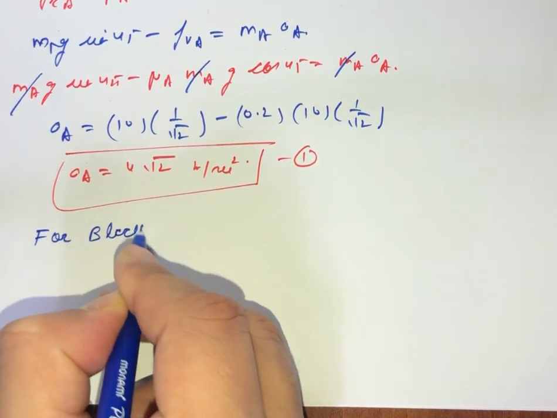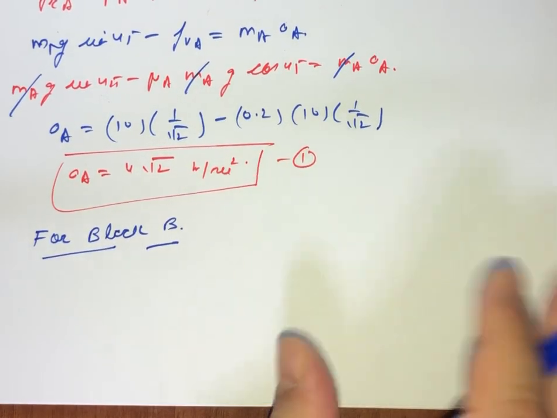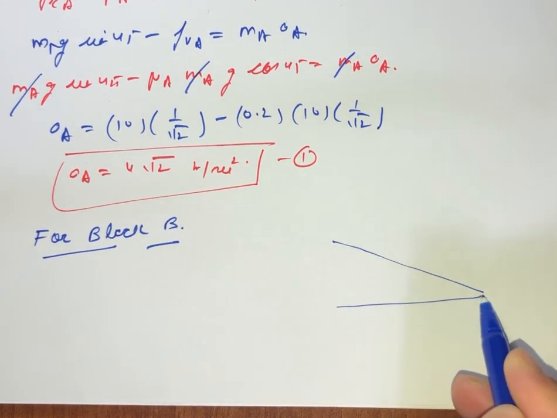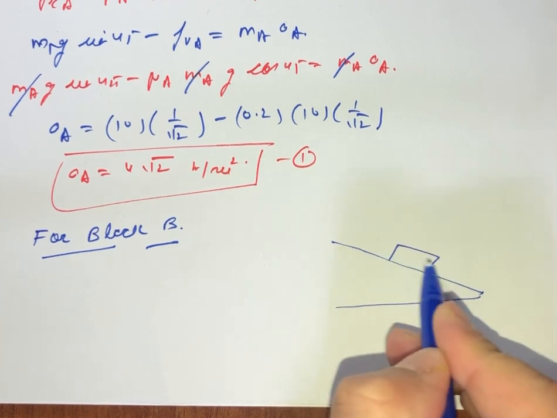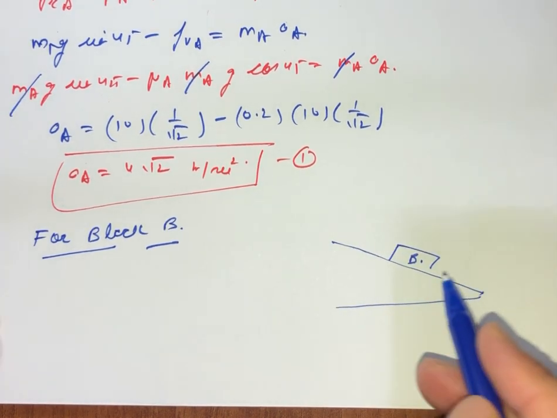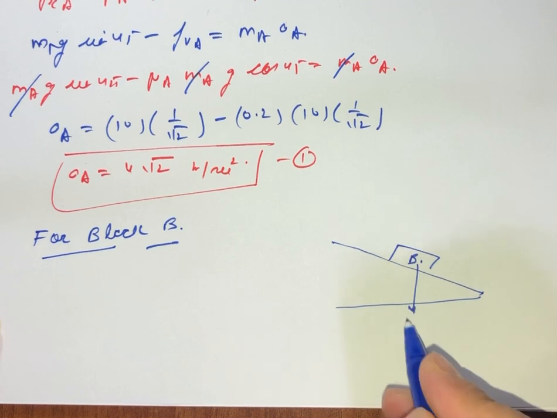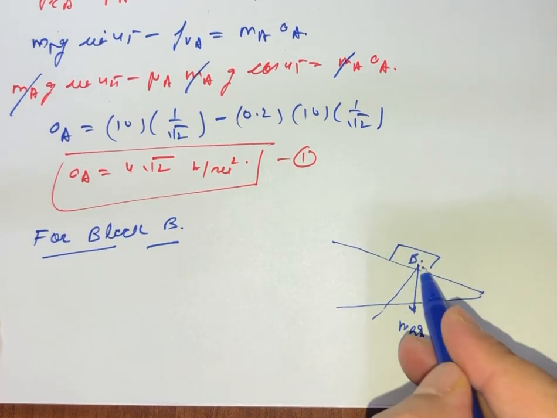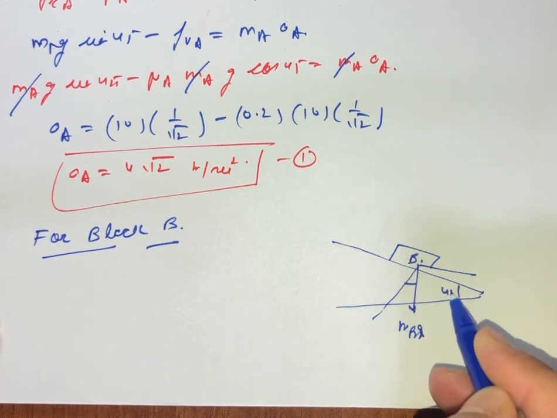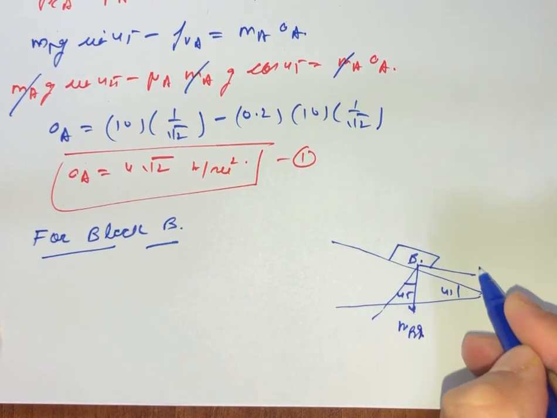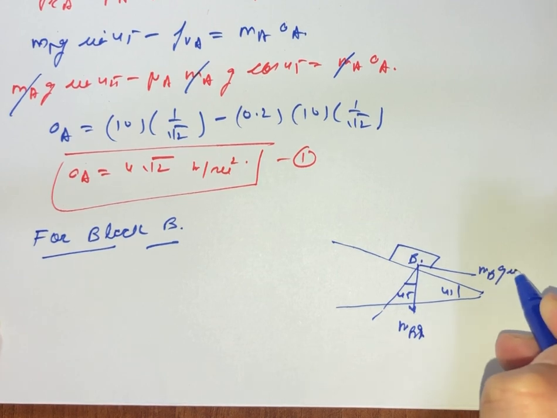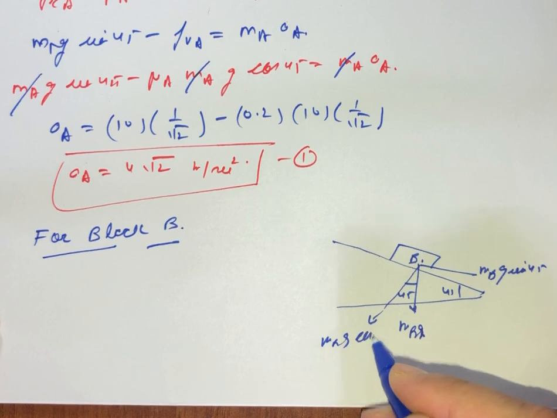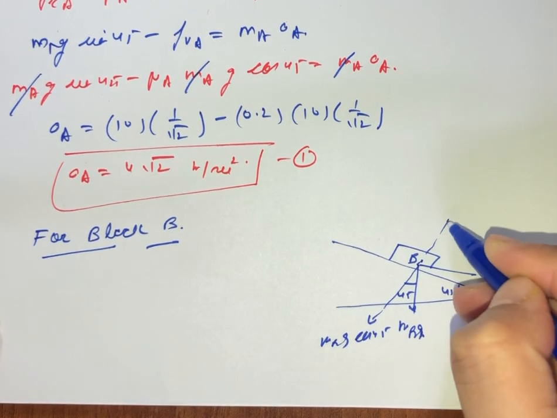Now similarly, we draw for block B also. For block B, we have MBG divided into two components. This is 45, so we have MBG sine of 45, and we have MBG cos of 45, and this is normal NB.